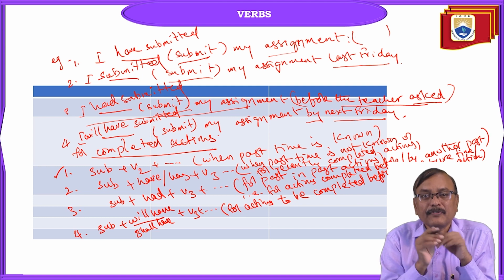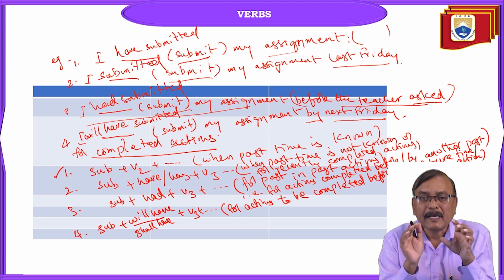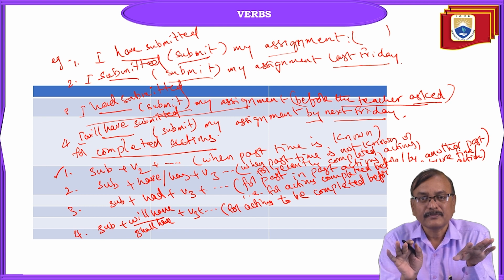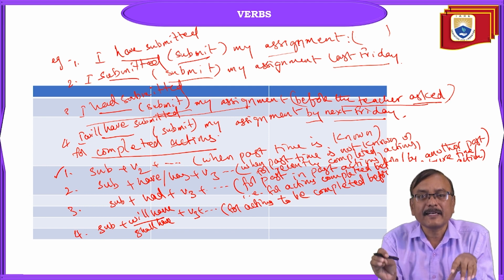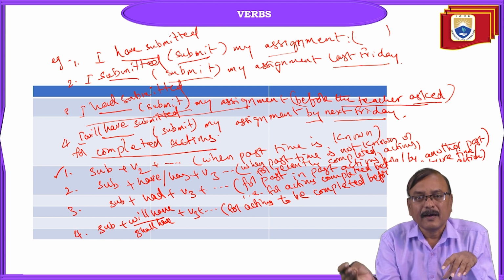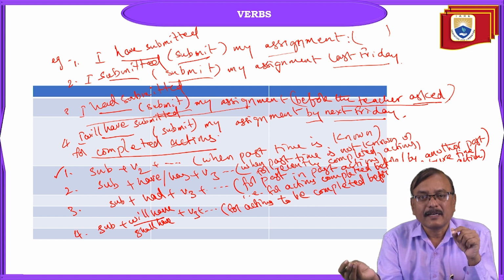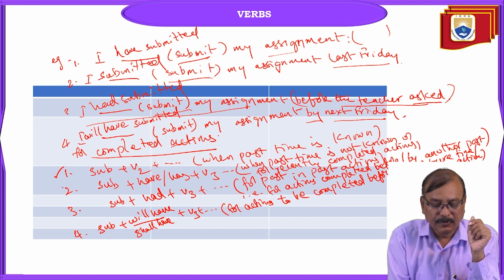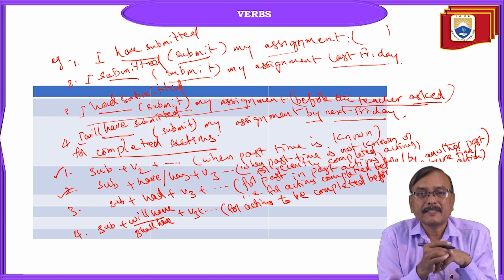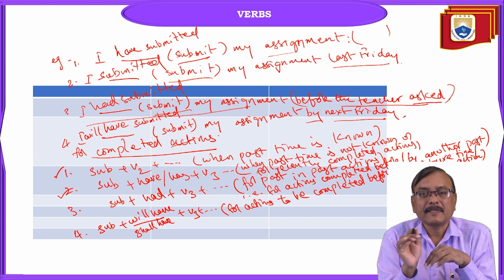For completed actions, if that past time is not known, or if it is recently completed, just now, already, recently, so far, yet, go with subject plus have or has plus V3 form.